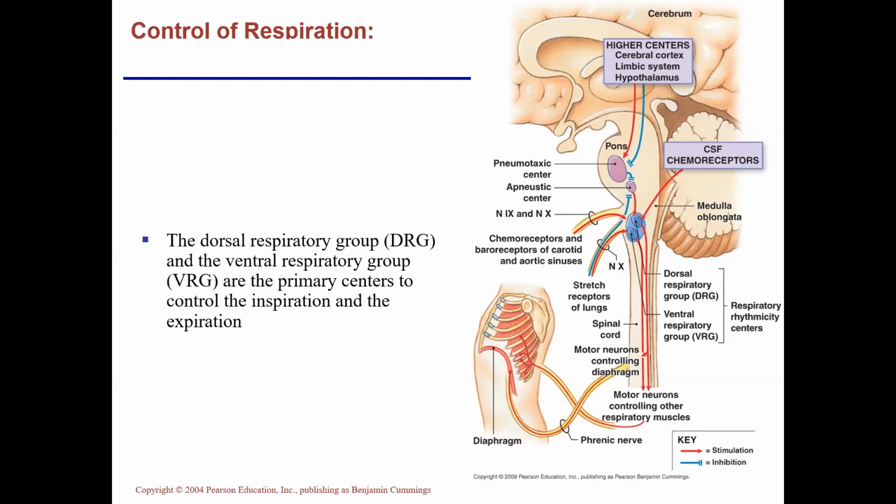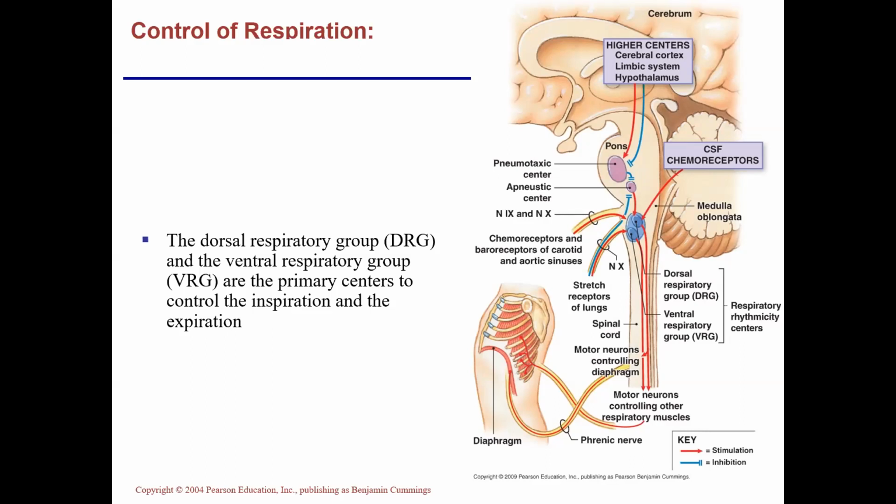And then at a higher level in the cerebral cortex, there are higher control centers which can monitor the respiration as well. So normally when you take a breath, you don't need to think about it. It's autonomically controlled, right?